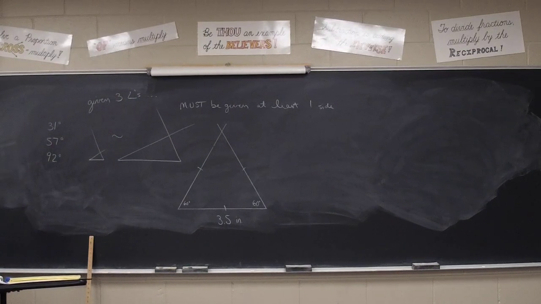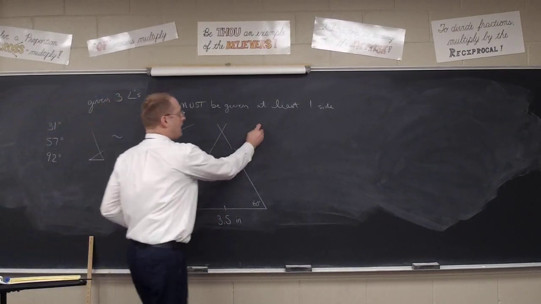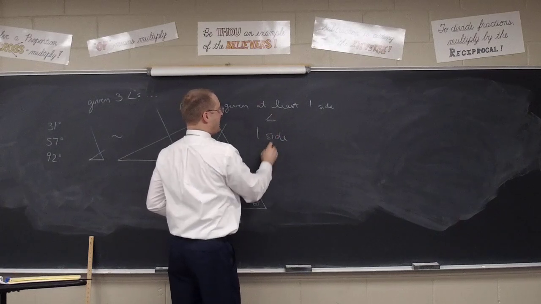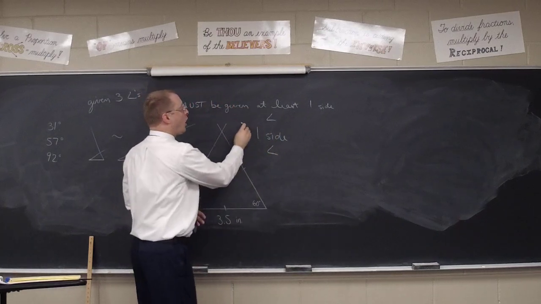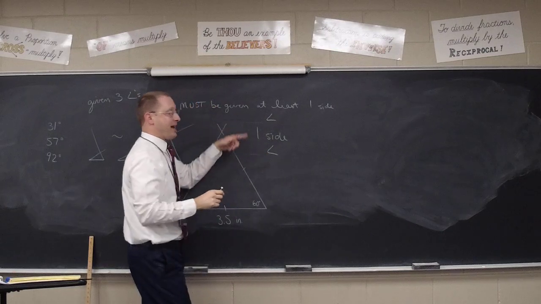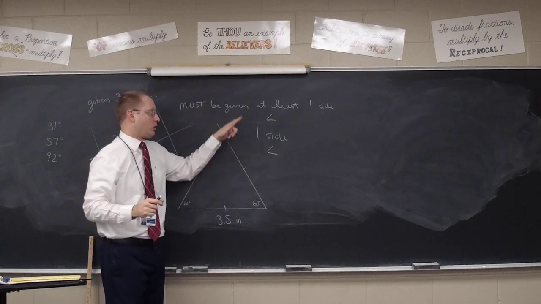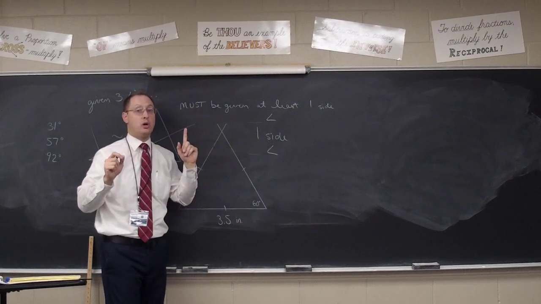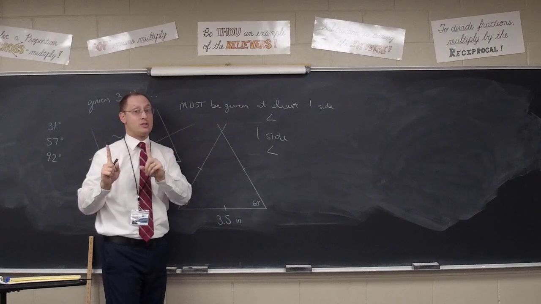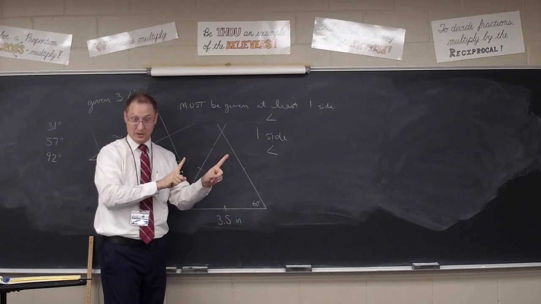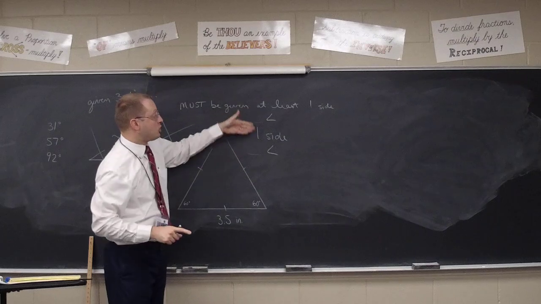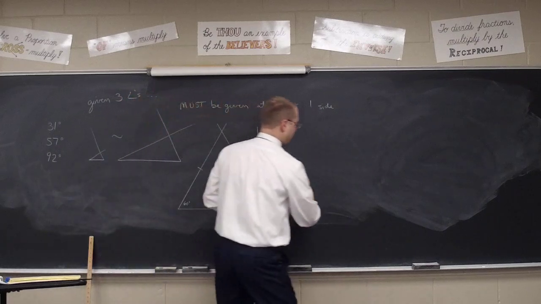Now, what rules must apply then? If you're given one side and two angles on either side of it, what has to be true about the two angles? These two angles have to add up to less than 180, correct?